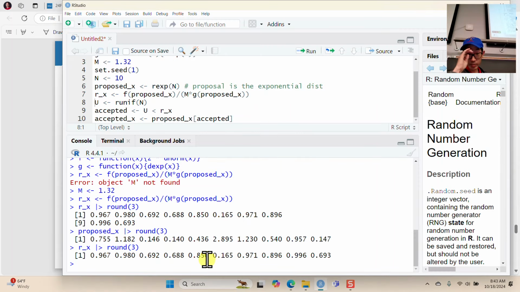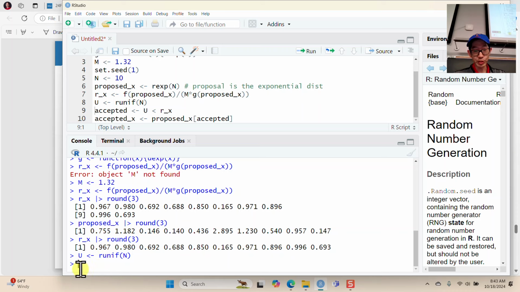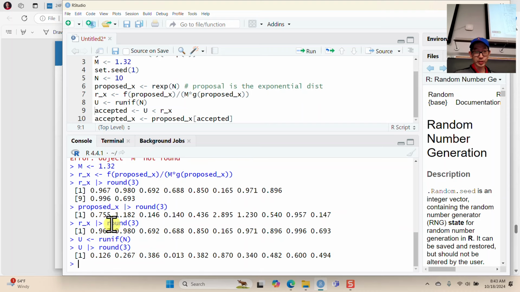If you look at the actual numbers themselves, you can see how often this goes. Then I generate 10 values from the uniform distribution, and we can see whether these get accepted or rejected. I'm going to compare U to R sub x.